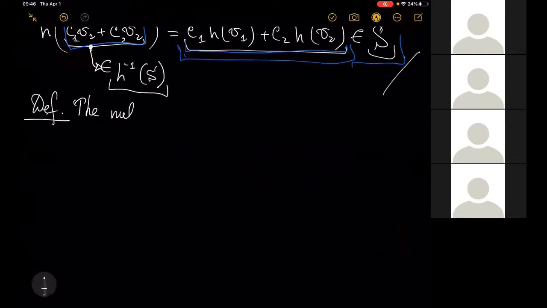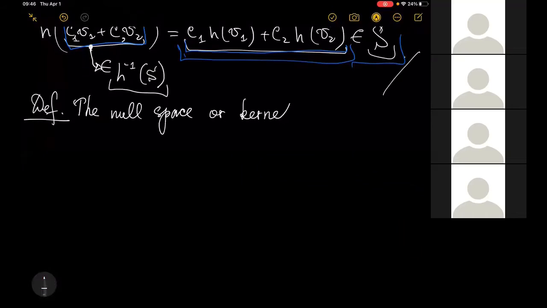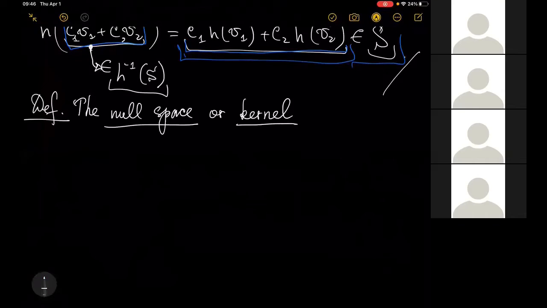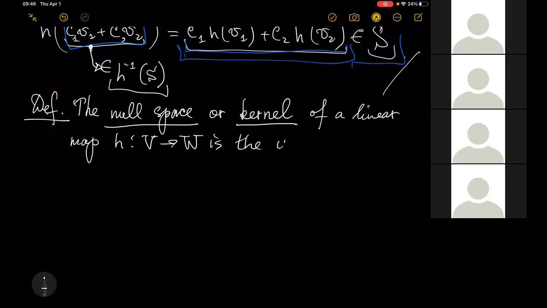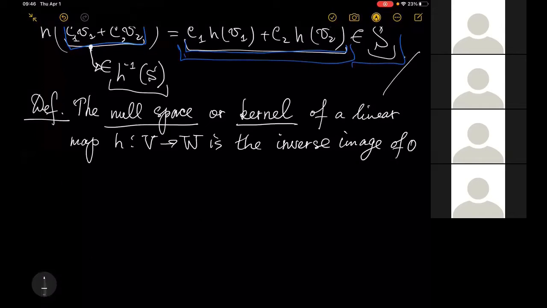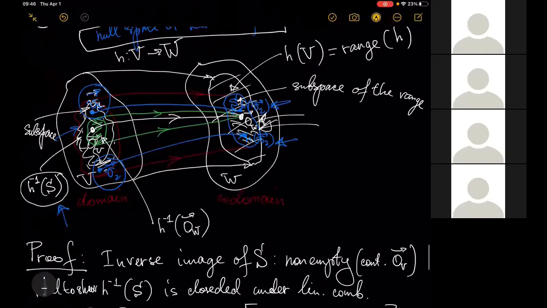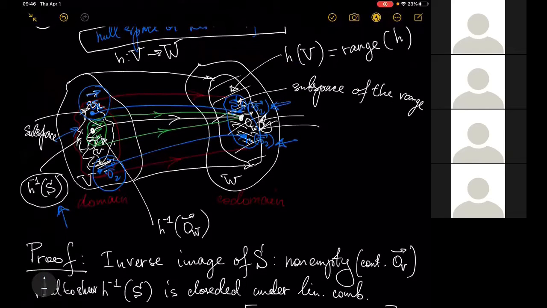The null space, or kernel, of a linear map H, which is mapping vector space V into vector space W, is the inverse image of the zero vector in W. So it's this green subspace here.